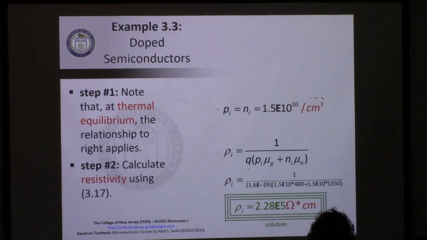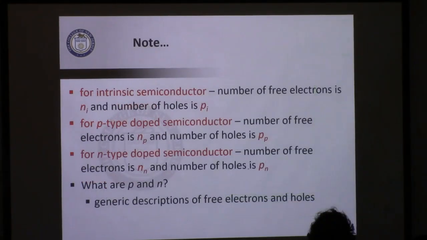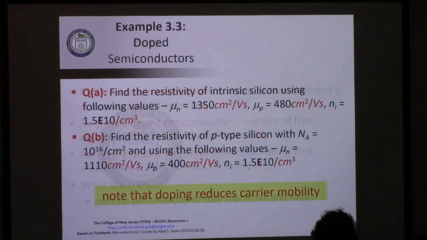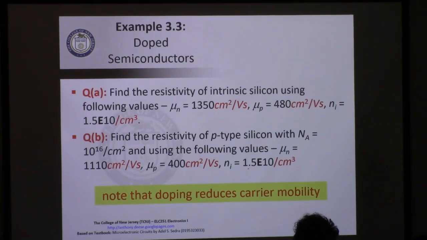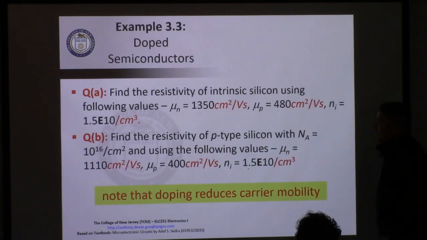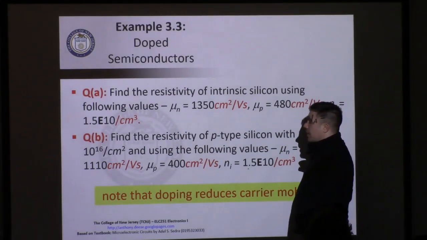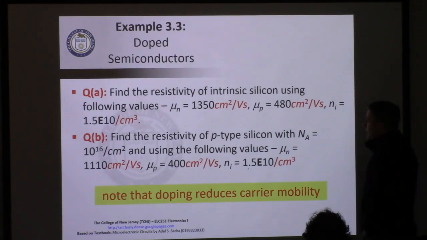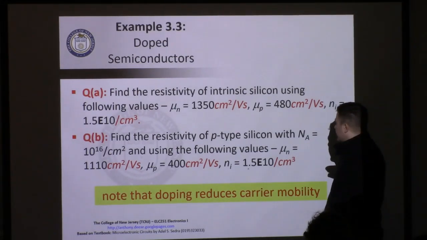Okay, now look at the second one. For the second part, it asks us to find the resistivity of a P-type doped silicon semiconductor with a concentration of acceptor atoms of 10 to the 16 per cubic centimeter. And using the following values, mobilities again are given and then Ni is given.